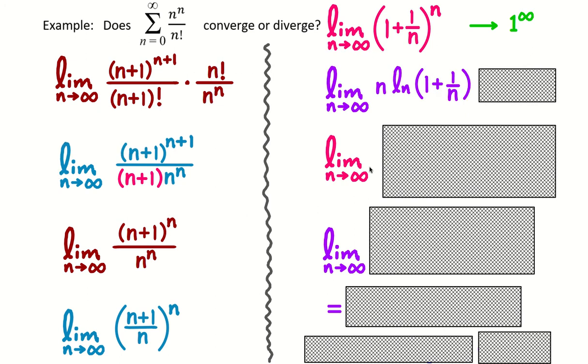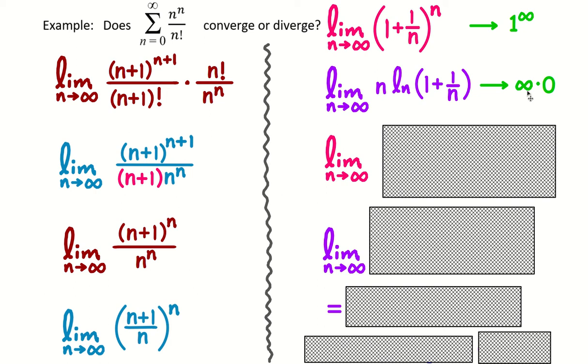We throw a natural log in there. We bring down the n. And then we realize that this would be infinity. This would approach 0, and the natural log, so this whole bubble approaches 1, and the natural log of 1 is, okay, all right. So now what can we do?